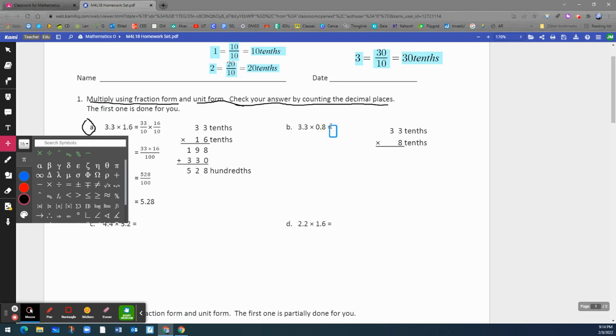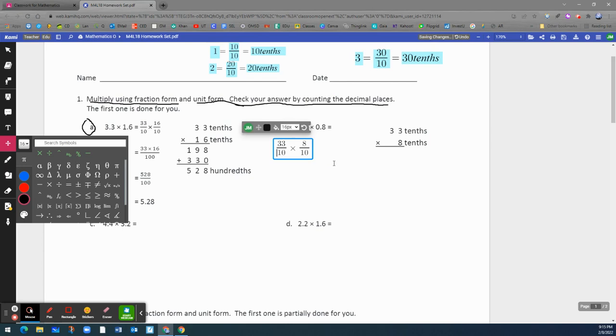So the answer for that as a fraction will be 33 over 10, because 3 represents 30 tenths plus the 3 tenths equals 33 tenths. Okay, I hope that is clear. Then the 8 tenths, we can write it as 8 over 10. So far, so good. Excellent.